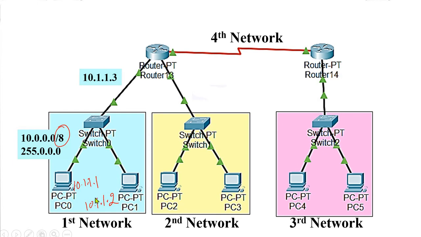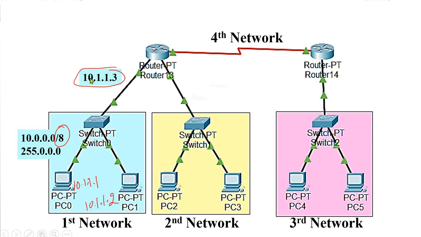So 10 is the network ID, and 1.1.1 and 1.1.2 are the host IDs. In the same way as in the previous videos, I will be using the next address, 10.1.1.3, as the gateway for this particular network. So the router will know this network, meaning the router will communicate with this network through this gateway address only.